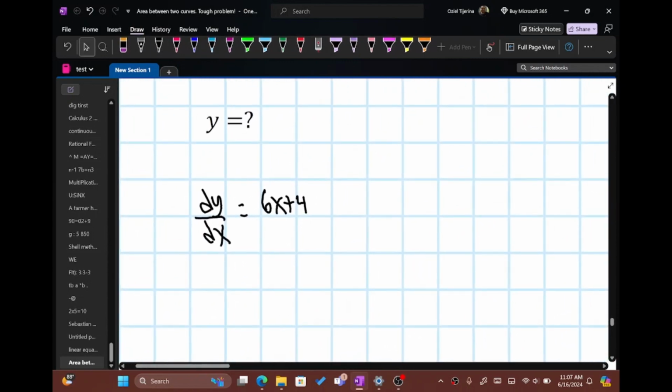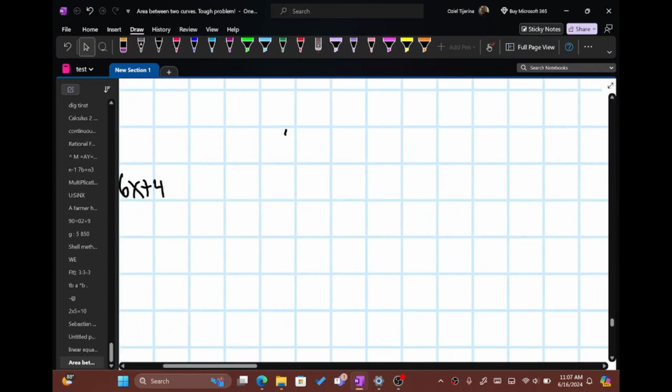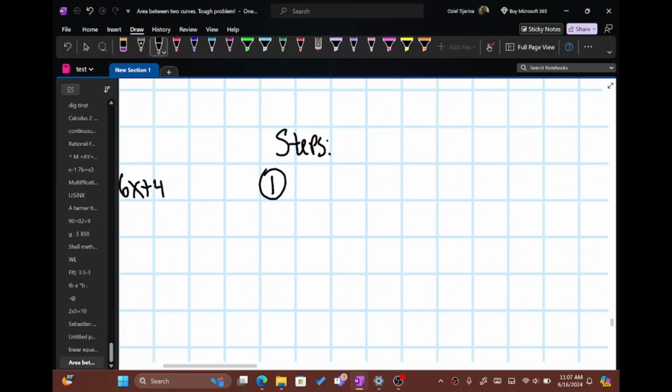In order to find the y term, I'm going to write some steps down. Number 1 is to multiply dx on both sides.